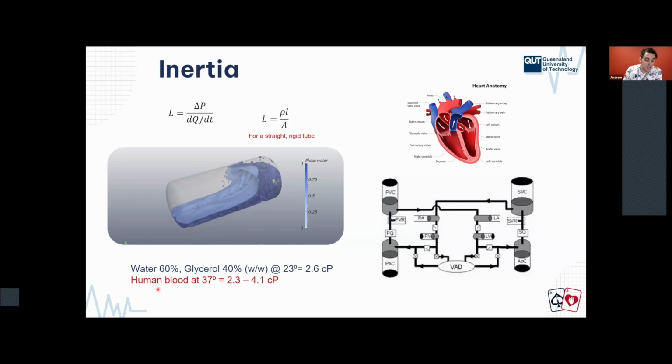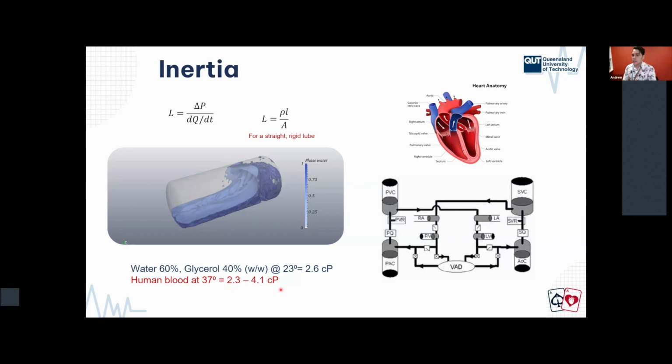This is the same as human blood at 37 degrees, which has a viscosity of 2.3 to 4.1 centipoise. The density of blood is 1.006. The density of water is about 1. When we mix this solution together, we get a very similar density.